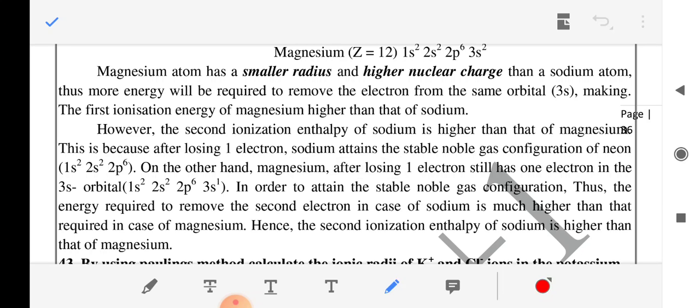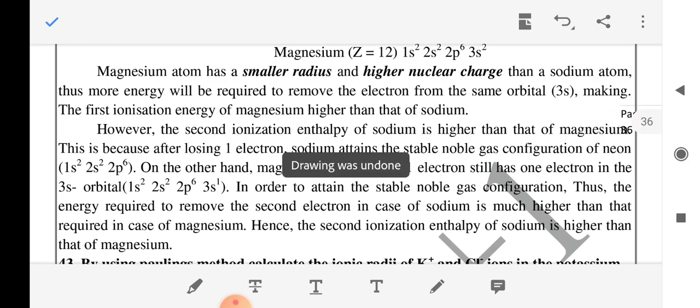The atomic number of sodium we know is 11, and magnesium is 12. So Na+ means the loss of one electron, and Mg2+ means the loss of 2 electrons. The energy required to remove the second electron in the case of sodium is much higher than in the case of magnesium. So the second ionization energy of sodium is higher than that of magnesium.